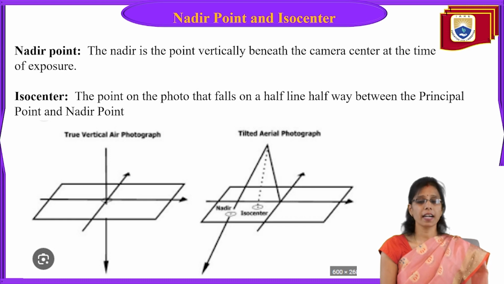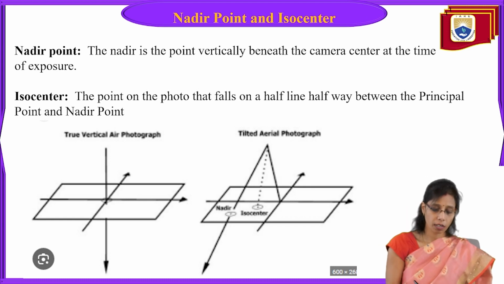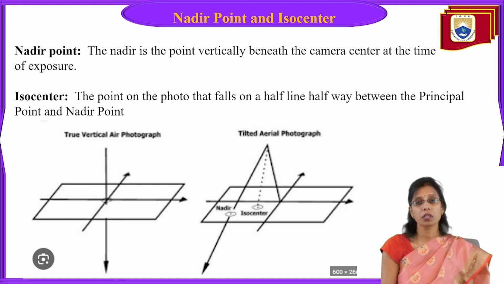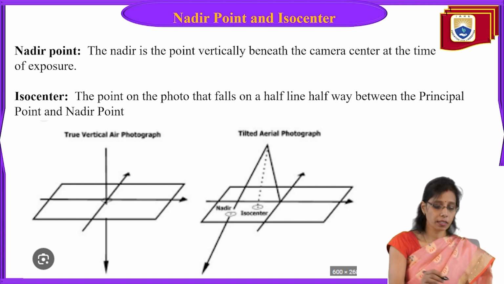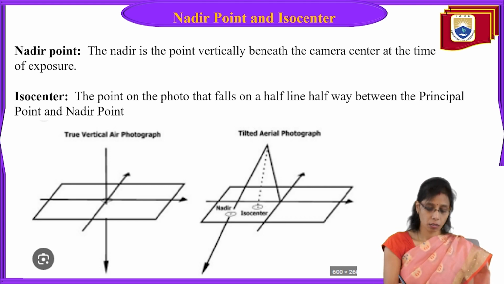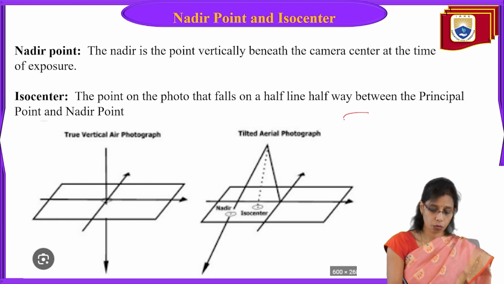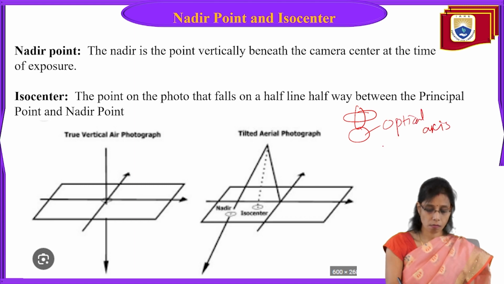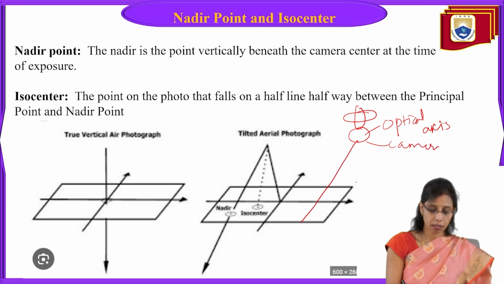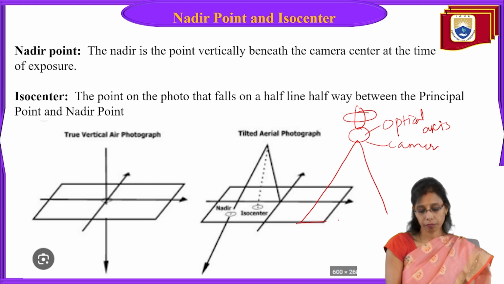Now let us understand what the nadir point and the isocenter are. These are different terminologies we use to understand the geometry of the aerial photograph. So what is the nadir point? Let us understand. If the flight is here and the optical axis, that is the camera, is here, and this is the area to be captured.